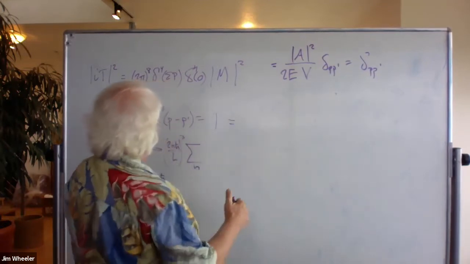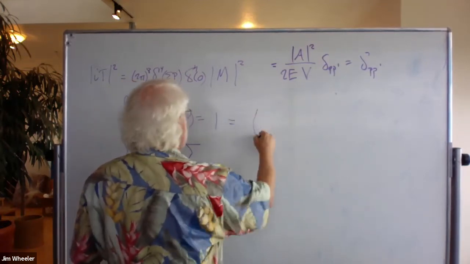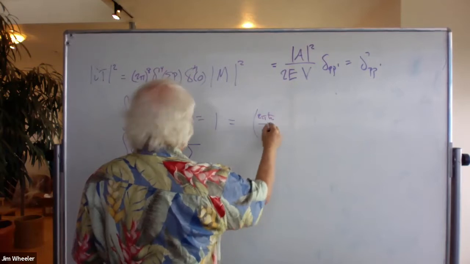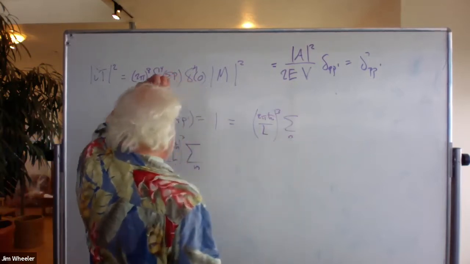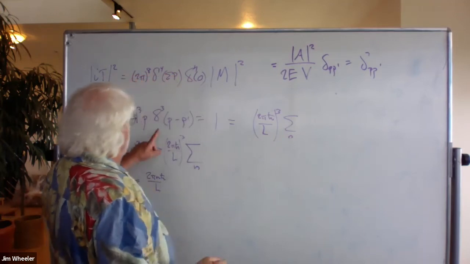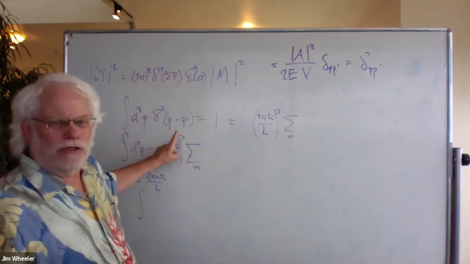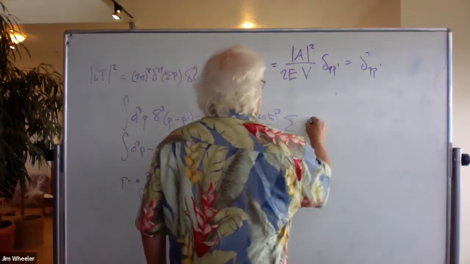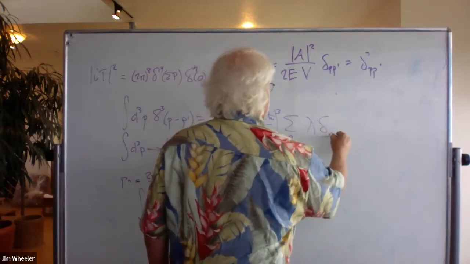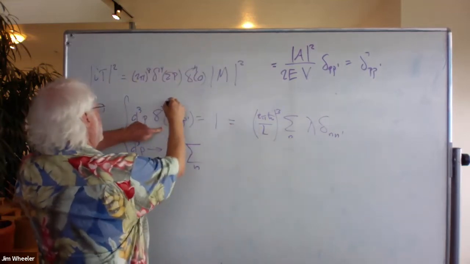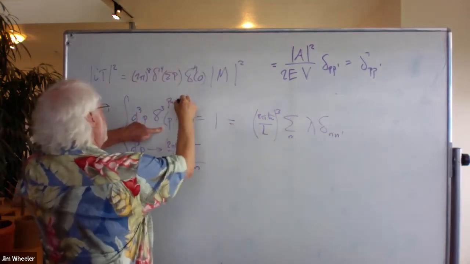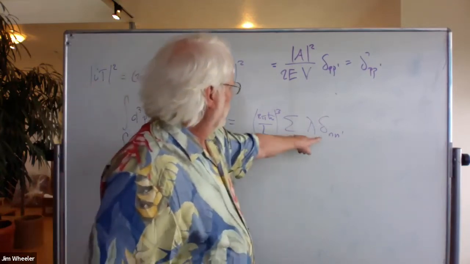Let me work up here. All right, this one is going to be, well, we have this factor (ħ/L) cubed. Then we have a sum on n. And we know that the delta is going to be proportional to a Kronecker delta. So we get some lambda times δ_nn', where this goes to p_n minus p_n' in the discrete case.